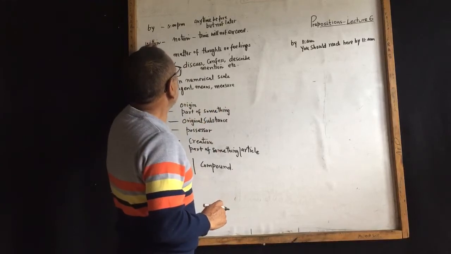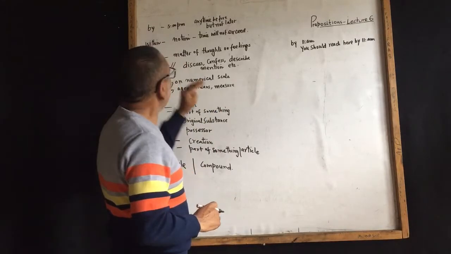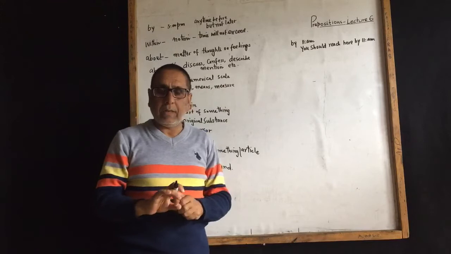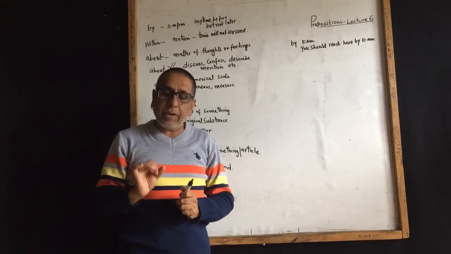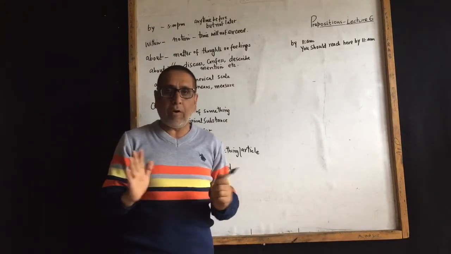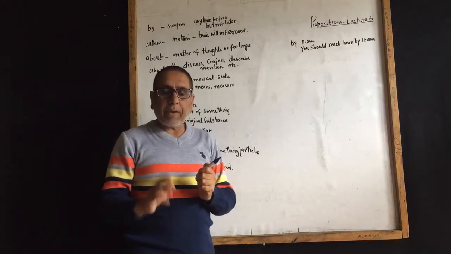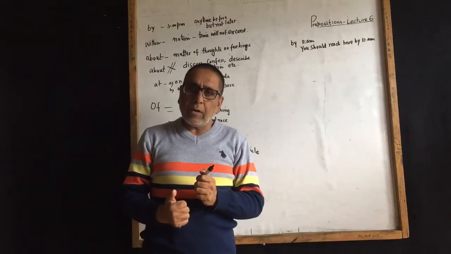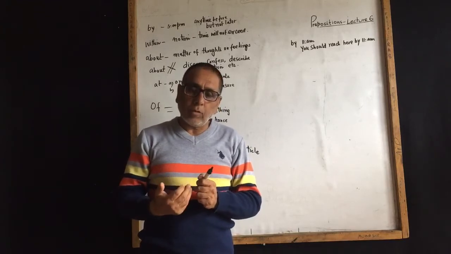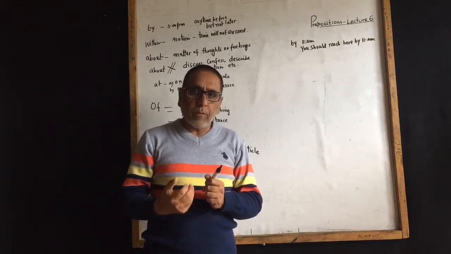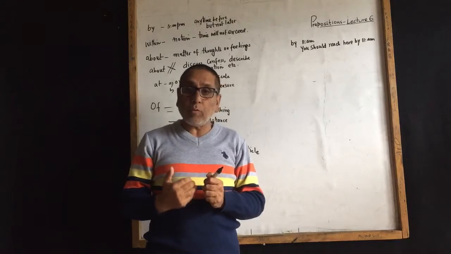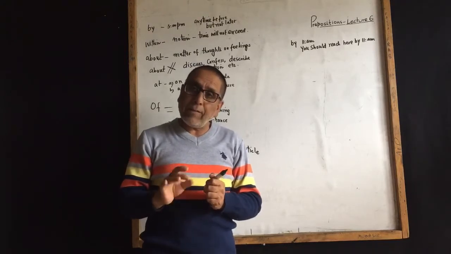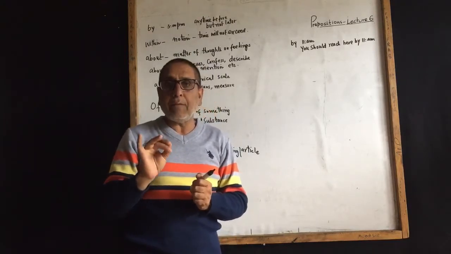Now accordingly, within gives us a notion that you should not exceed the time limit at any cost. Say for example, your friend is coming from somewhere and you are very much eager to see him by a stipulated time, so you phone him and he says, okay, I will be there within 10 minutes.